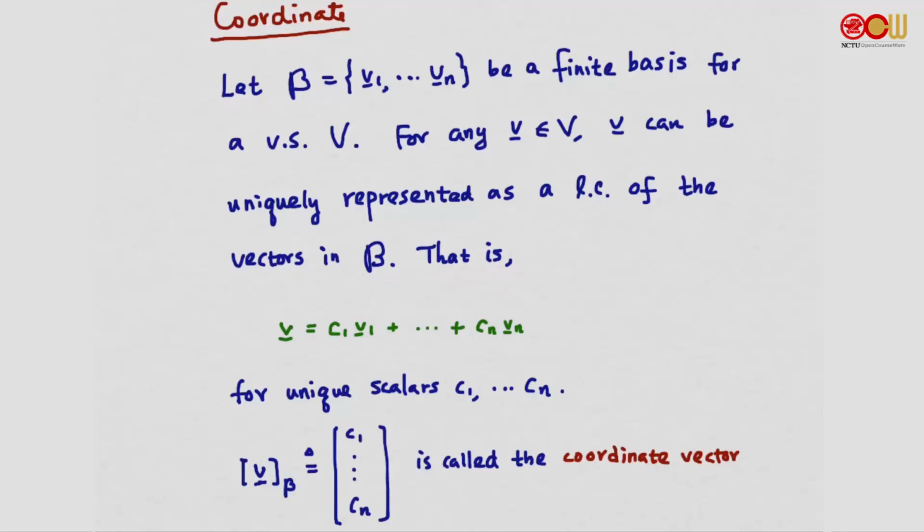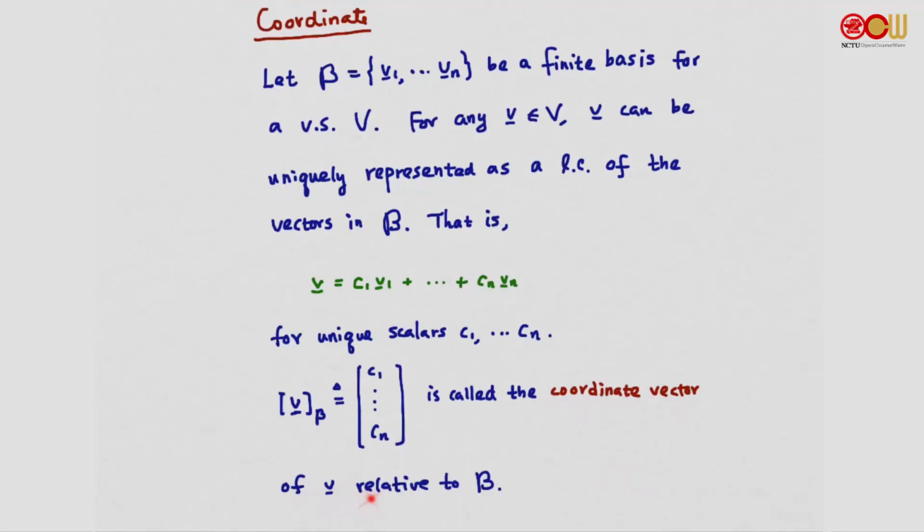That means we can write it as a linear combination of the v vectors, and these linear combination coefficients are unique. If we collect all these scalars together in one vector, we use the notation [v] with subscript beta. This is called the coordinate vector of v relative to the basis beta.